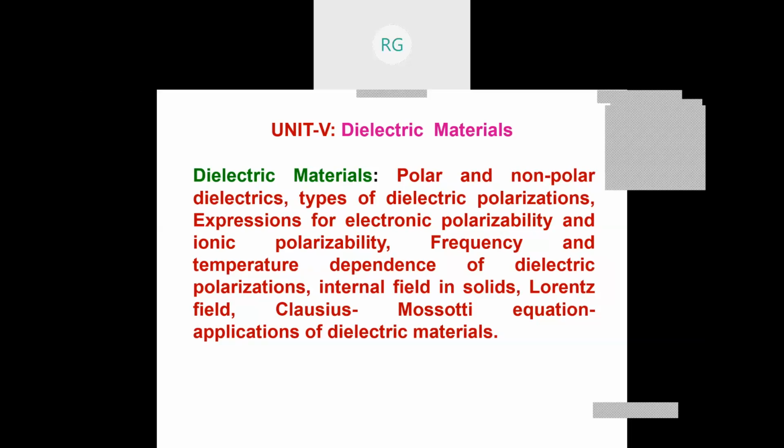We will define what is a dielectric polarization and some expressions for electronic and ionic polarizabilities, and how this dielectric polarizability changes with temperature and frequency.